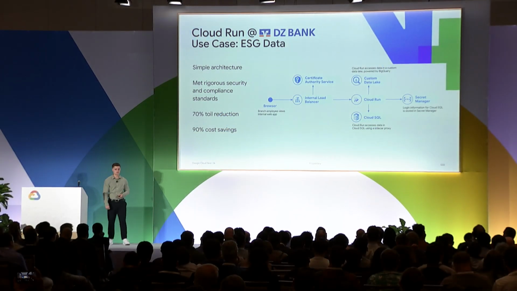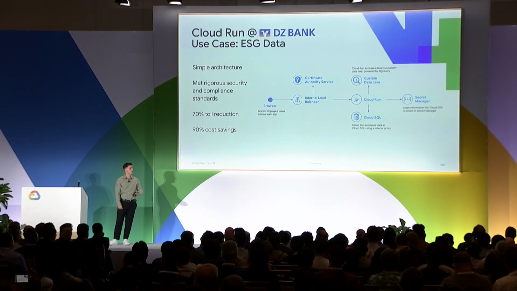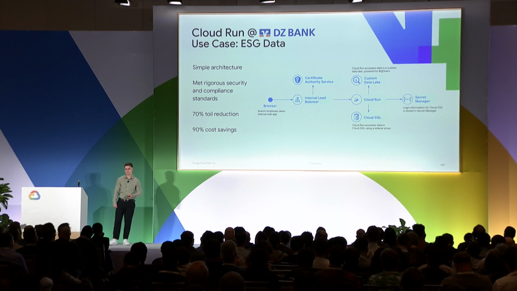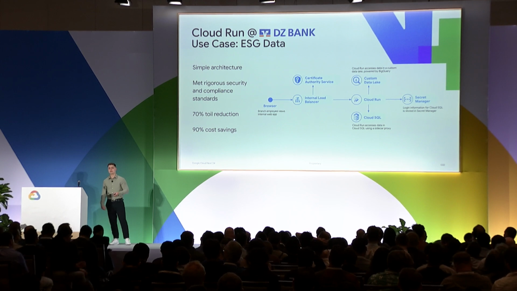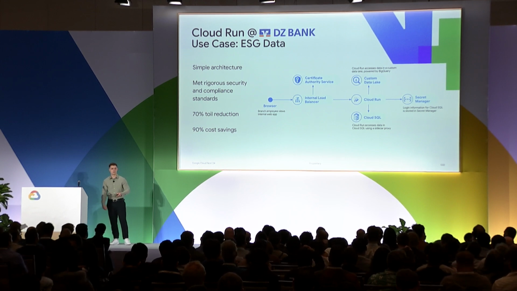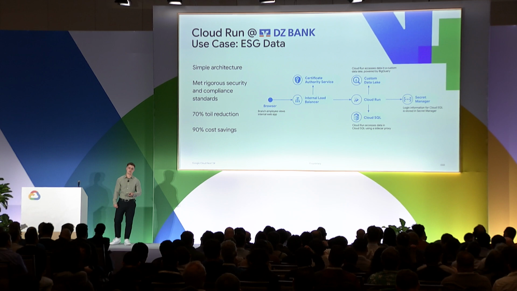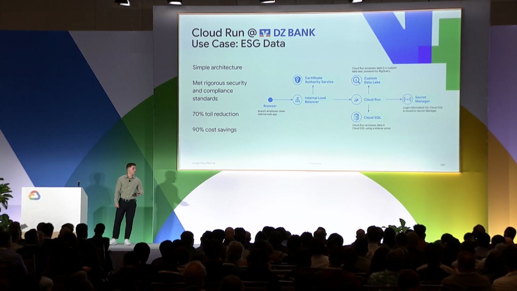As egress control, we are using route all traffic to the VPC. So we configured the new direct egress feature, which we tested together with Google 1 year before it went generally available.